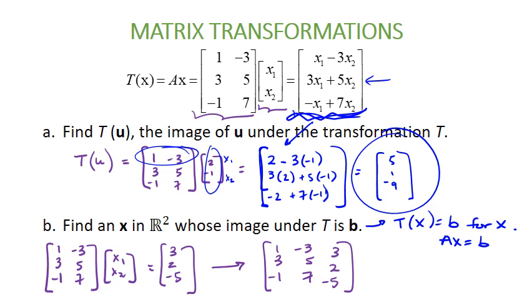I don't have a lot of space here, and I apologize for that. So I'm just going to wave my hands a little, and the reduced row echelon form is the following.